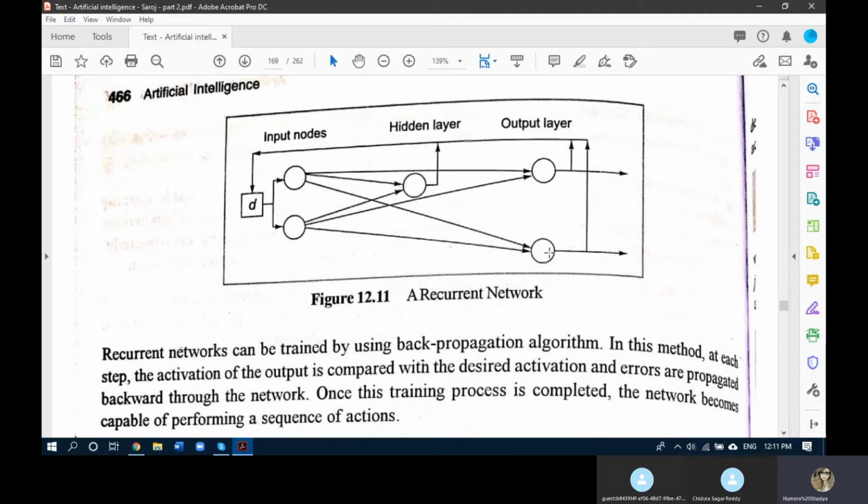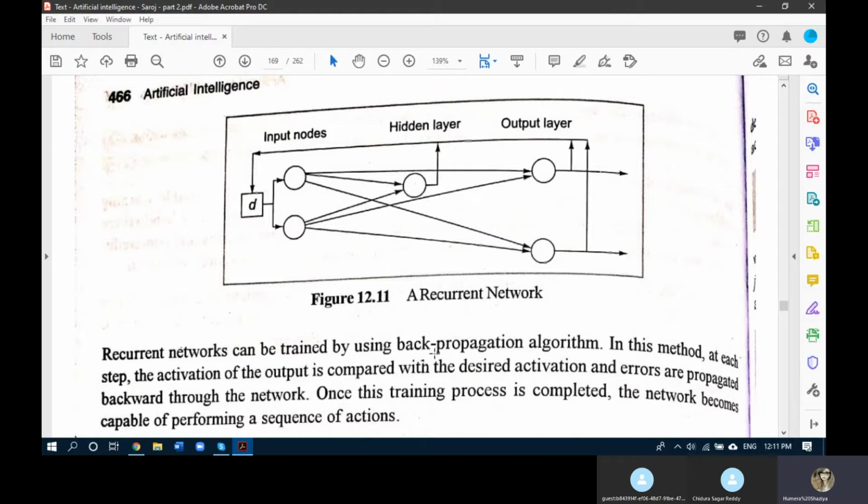Recurrent is feeding the output of a node back as the input to the preceding layer nodes, whereas back propagation is giving out the error rate from the output node to its preceding nodes, and these nodes to their preceding nodes. In this manner it happens, back propagation.